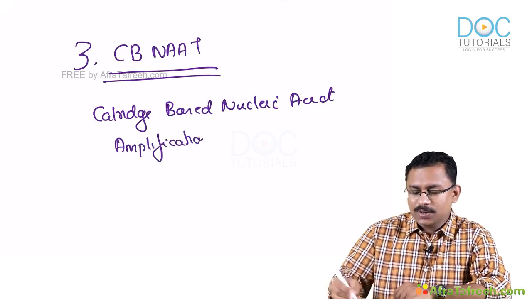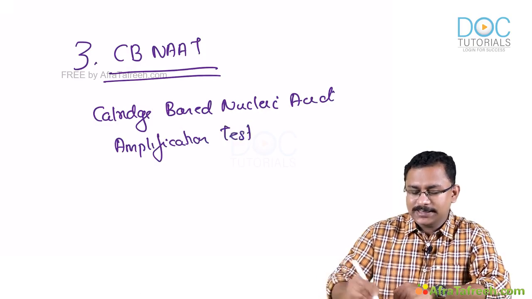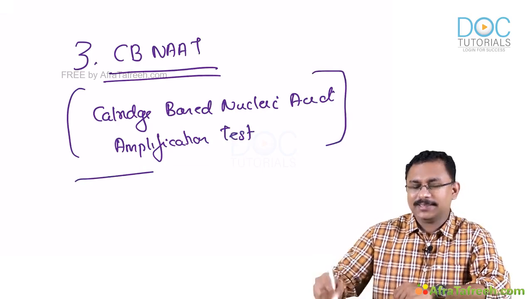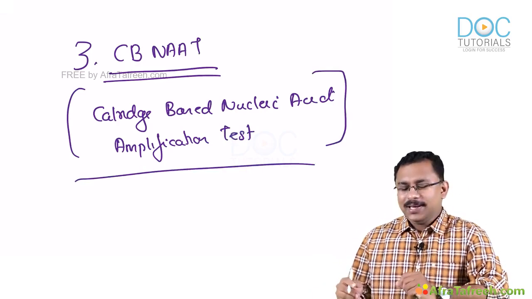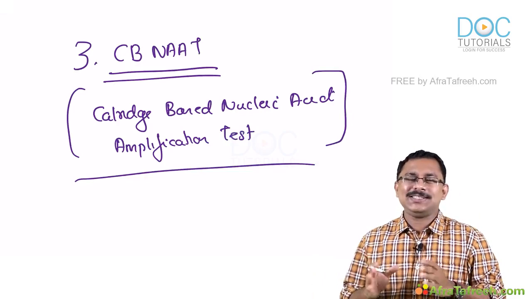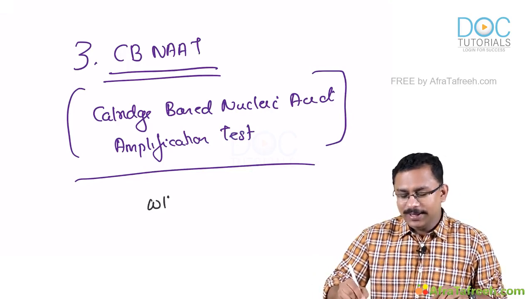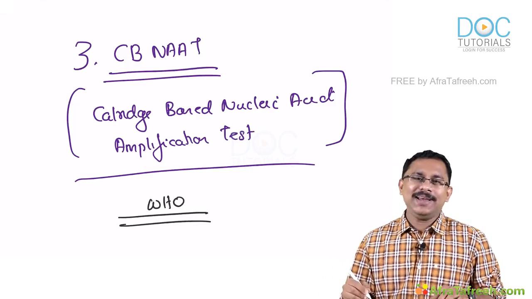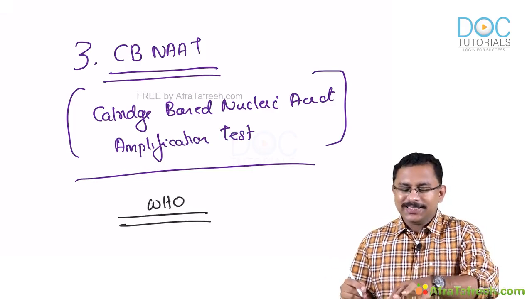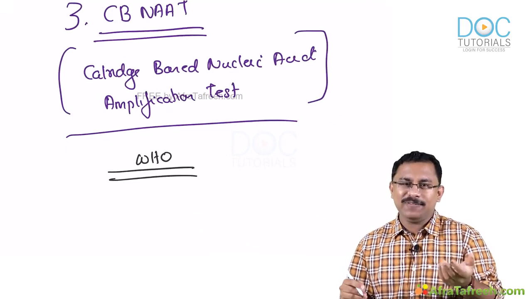Cartridge based nucleic acid amplification test, that is your CB-NAT. Now this is one method which is very much endorsed by your WHO as well. Okay, the CB-NAT method. So this is based on nucleic acid amplification.